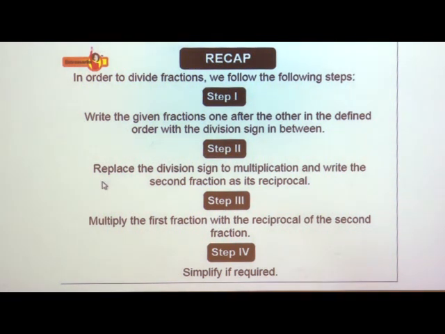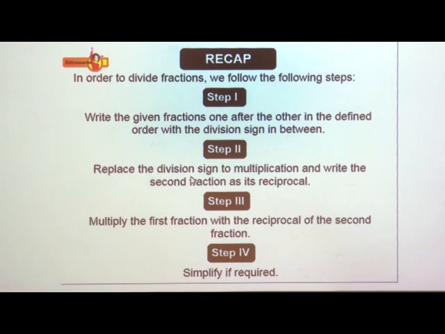Then in step 2, replace the division sign by a multiplication and write the second fraction as a reciprocal. The second fraction should be written in the reciprocal. What is reciprocal? Yes, you are right, just to interchange the numerator and denominator.